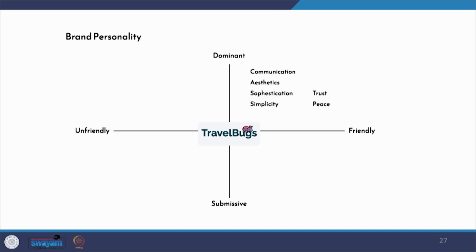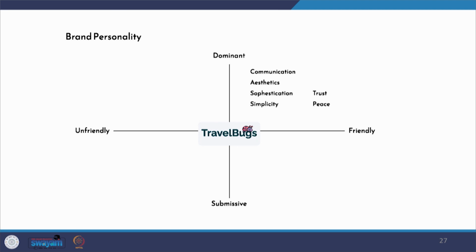level. So we can see here in this graph, with the xy axis running from unfriendly to friendly and dominant to submissive, that this particular brand trait falls in the quadrant where it is dominant, not submissive, where it is not taking a strong step in guiding the user, for example, but it is at the same time friendly.